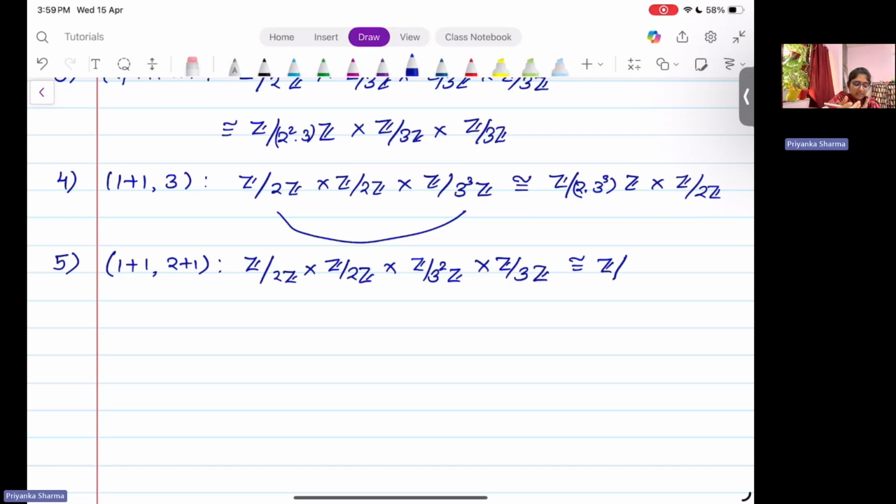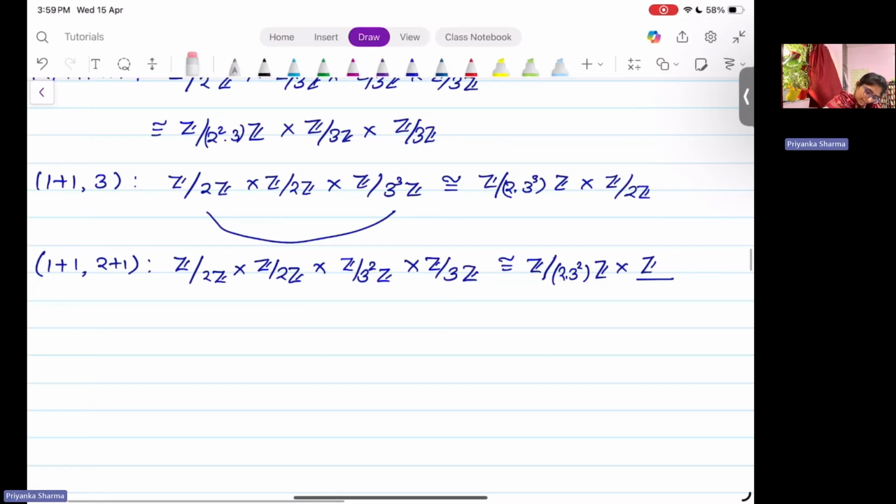So first we will consider highest powers of 2 and 3. That is this one and this one. So we will have 2 into 3 square Z cross. Now we will consider the highest power of 2 and 3 in the remaining factors. That is Z mod 2 into 3 Z.